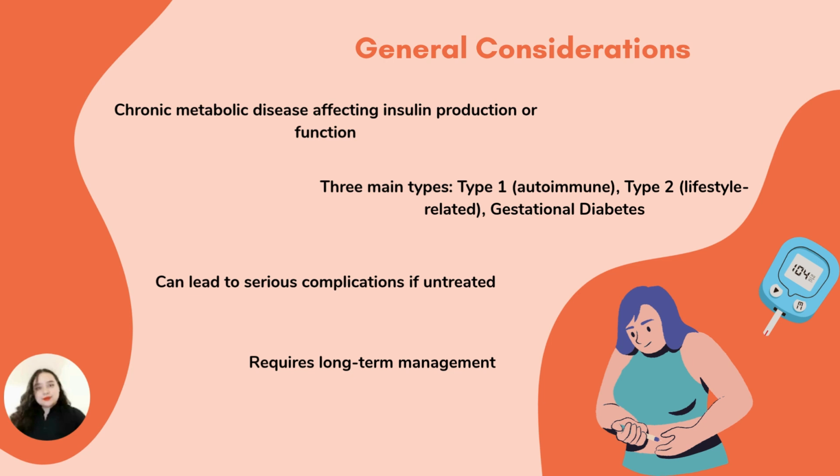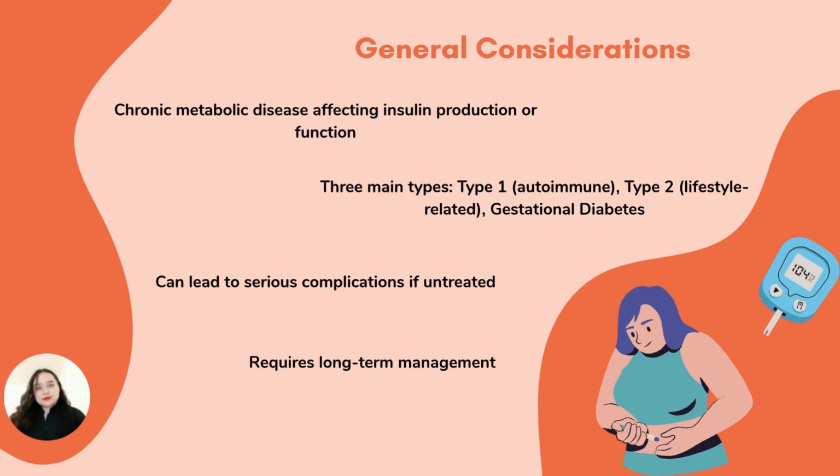Also, some general considerations are that diabetes mellitus is a chronic metabolic disease that affects how the body exploits sugar or glucose. There are two or three main types. Type 1 is usually diagnosed during childhood. Type 2 is more common in adults.